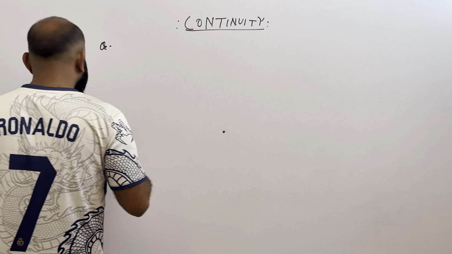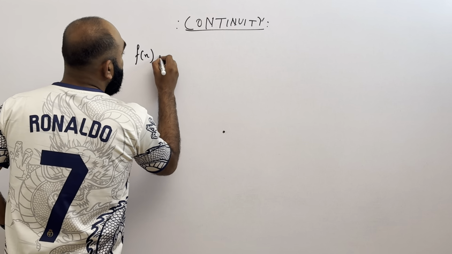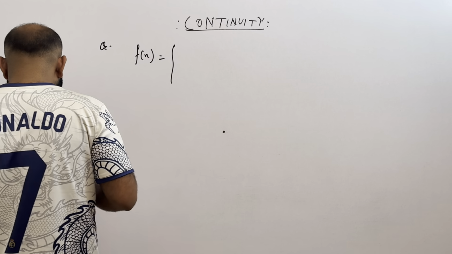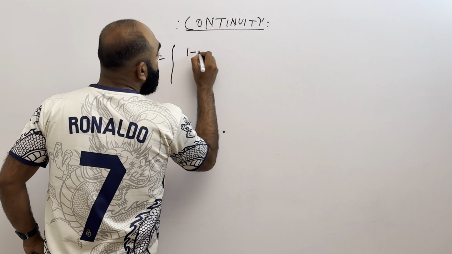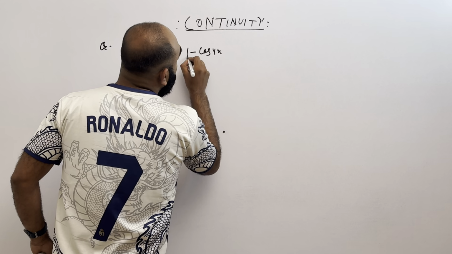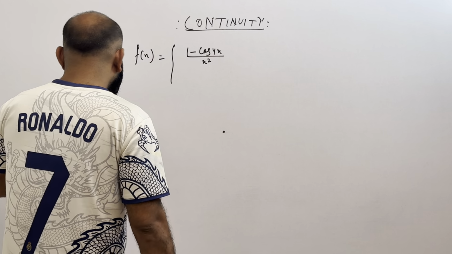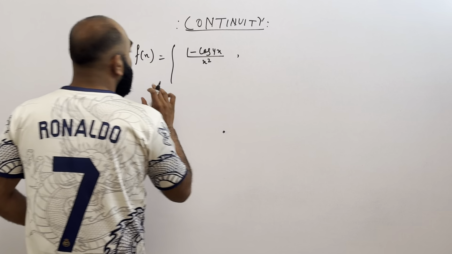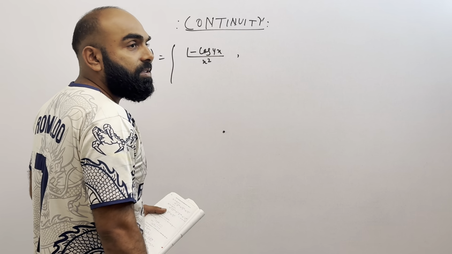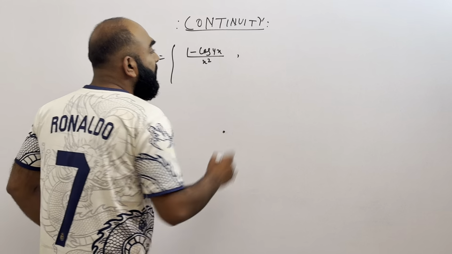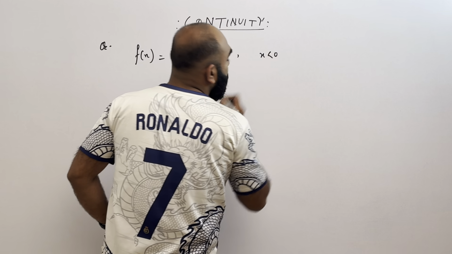They have given you the function f of x is equal to 1 minus cos 4x by x square, and this is valid when x is less than 0.